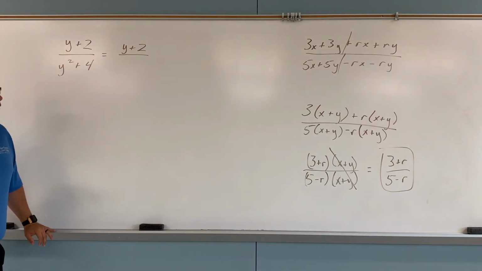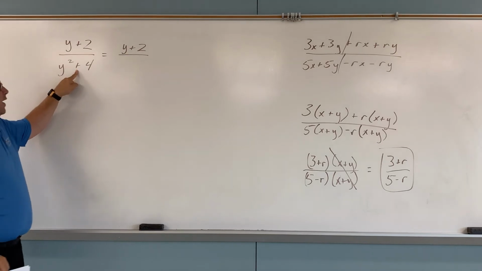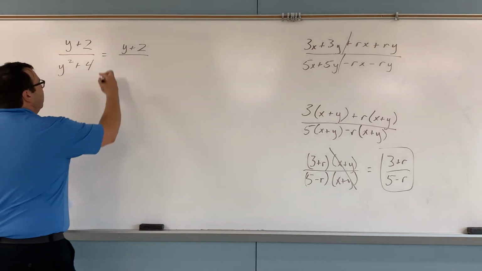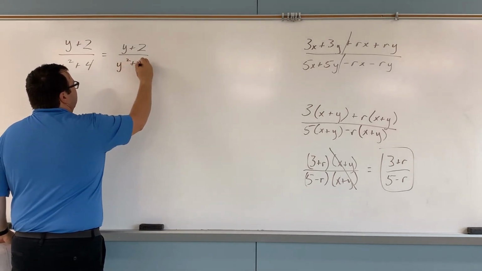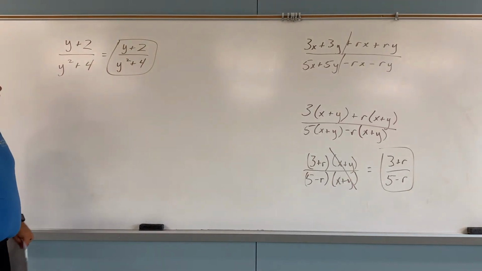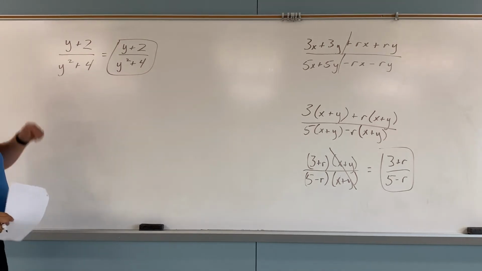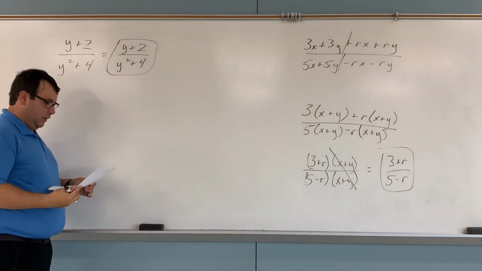But y squared plus 4, can I factor that? They are perfect squares, but this is a sum. No, I can't factor a sum of squares. So that is y squared plus 4. That is as simple as it gets, folks. So don't force a factor. Look to see if it can factor. In this case, it cannot. So leave it alone.